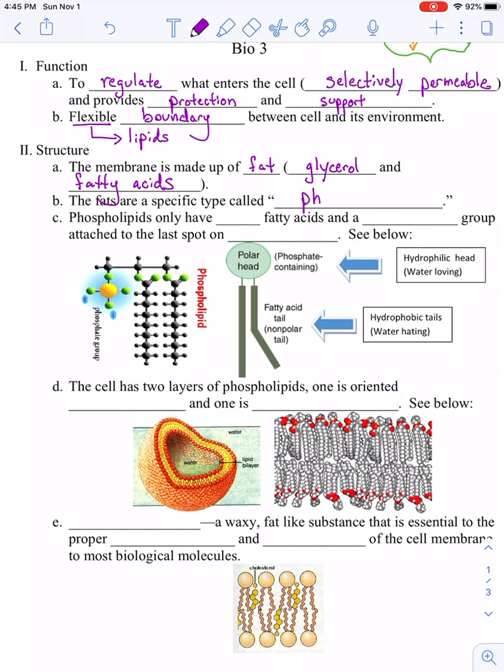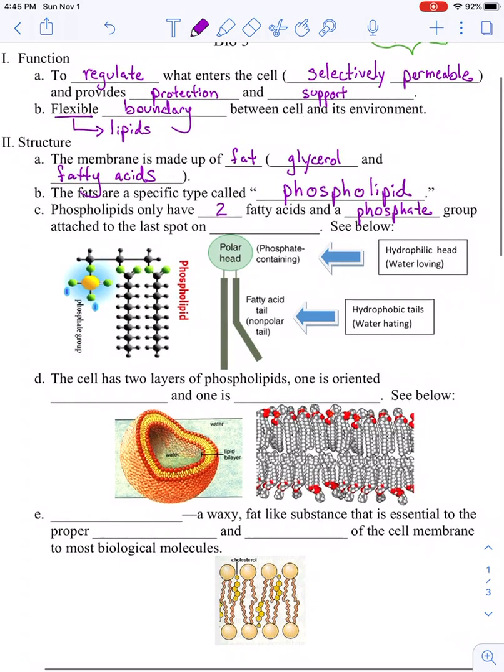It's not a triglyceride, which is a glycerol and 3 fatty acids. A phospholipid has 2 fatty acids. And instead of the 3rd fatty acid, there is a phosphate group attached in the 3rd slot on glycerol.